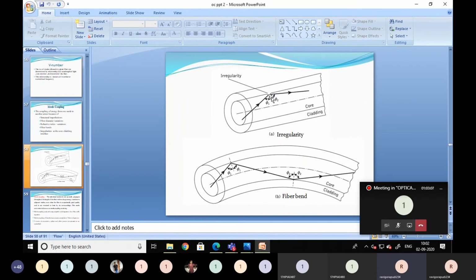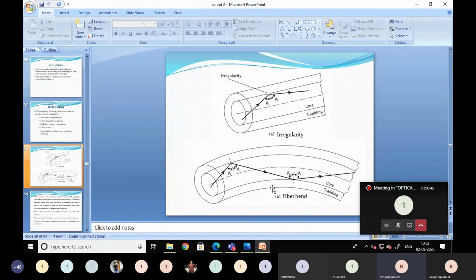Some mismatch is there, some imperfection is there. That's why the mode is not propagating inside the core. The same with bending: fiber bendings are there, and then also it will not propagate inside the core. Bendings are of different types, either micro bending or macro bending. Those we'll see in the next chapter, second part, that is fiber losses.